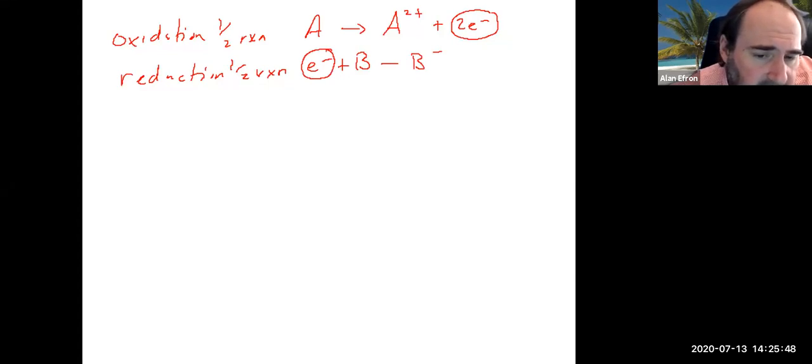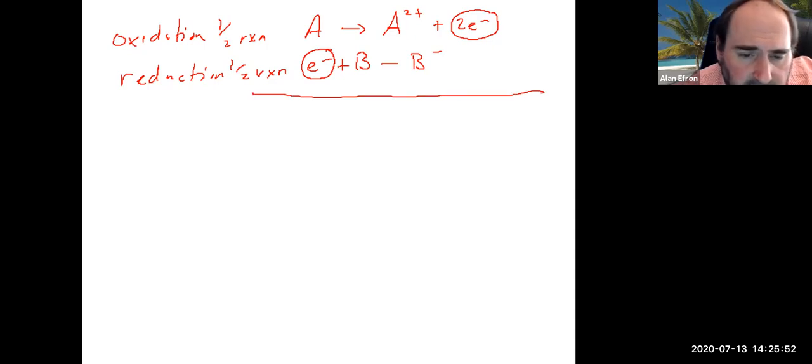Now, in this particular case, if we were to add these together, we do want the electrons to cancel. So in this made up example, they won't cancel at this point.